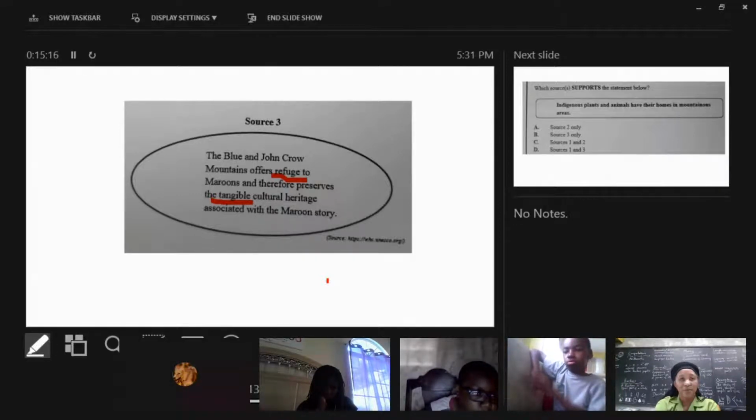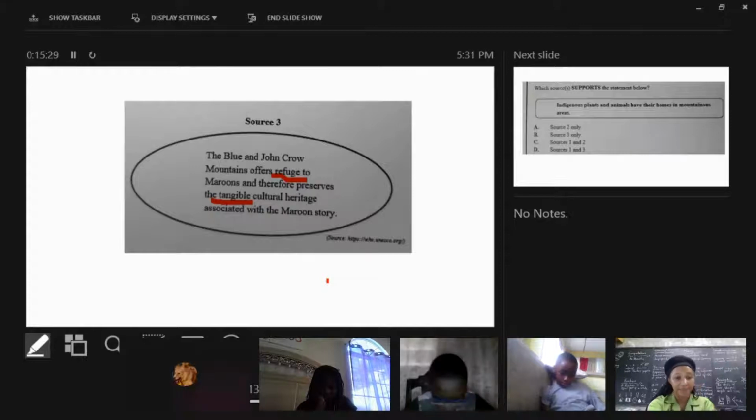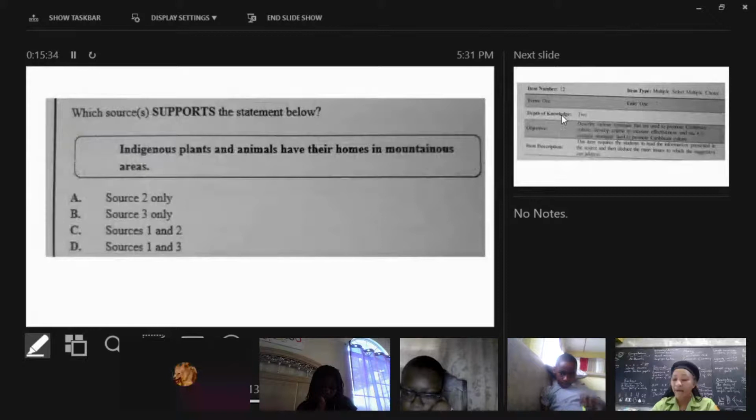So in the Blue and John Crow Mountains, there are things left by the Maroons that we can go and see and say, yes, definitely the Maroons lived in these mountains. Tangible cultural heritage.